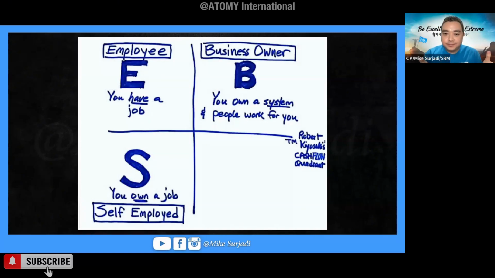For example, you buy a franchise. Let's say McDonald's, they already have a system in place in their franchise. So you don't have to worry about how to get the logistics, the burger, the bread. There's already a logistic system. You don't have to worry about employees, because the company will provide you the employees to run the business for you.